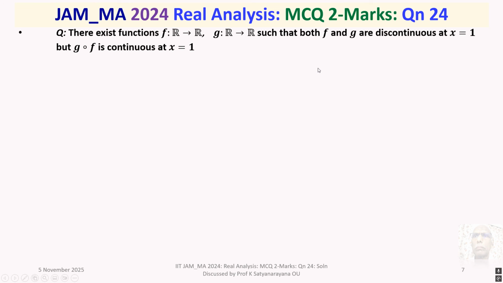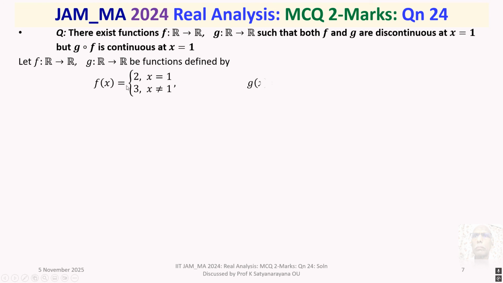For this, we consider f and g from R to R defined by f of x is equal to 2 when x is equal to 1 and f of x is equal to 3 when x is not equal to 1. G of x is equal to 1 when x is equal to 1 and g of x is equal to 0 when x is not equal to 1.